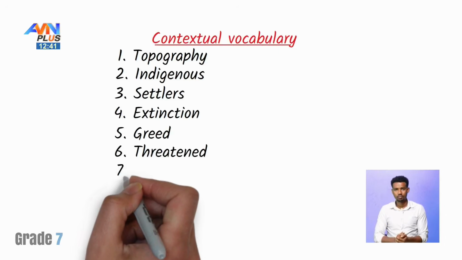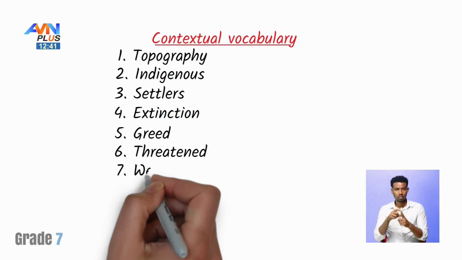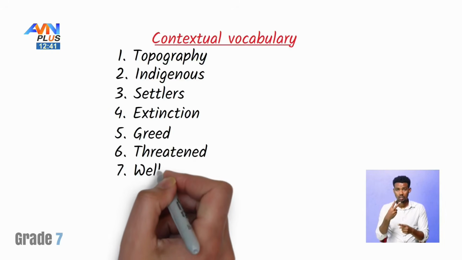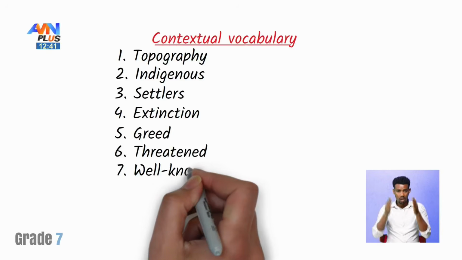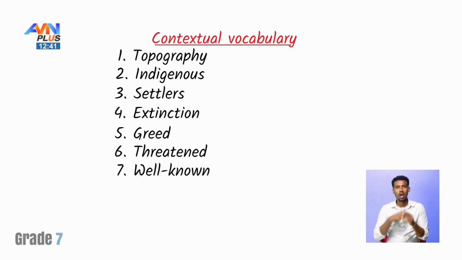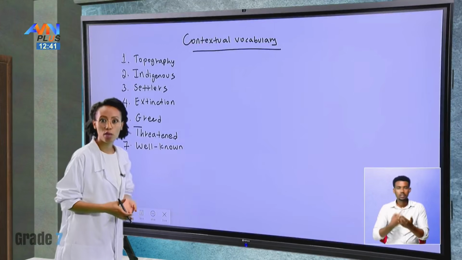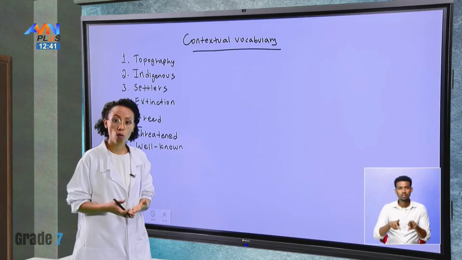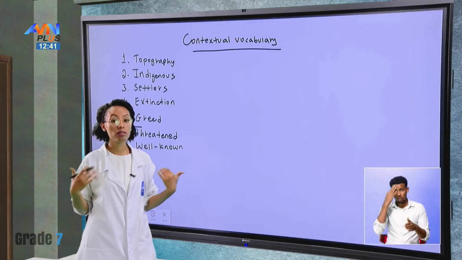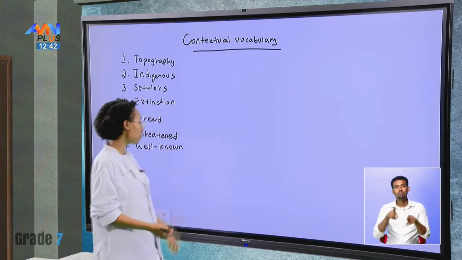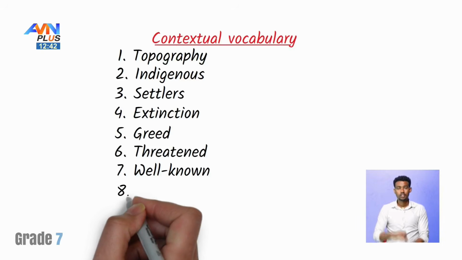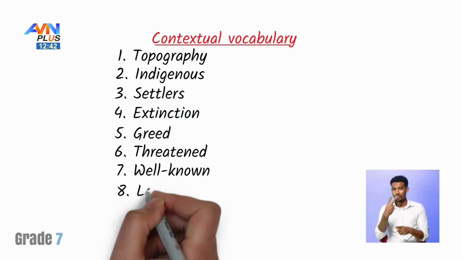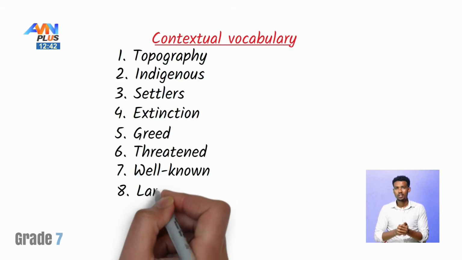The other word is well-known, which we have seen last time. This means a person who is famous or who is known by a lot of people around the world. The last word that we have seen last time is large.